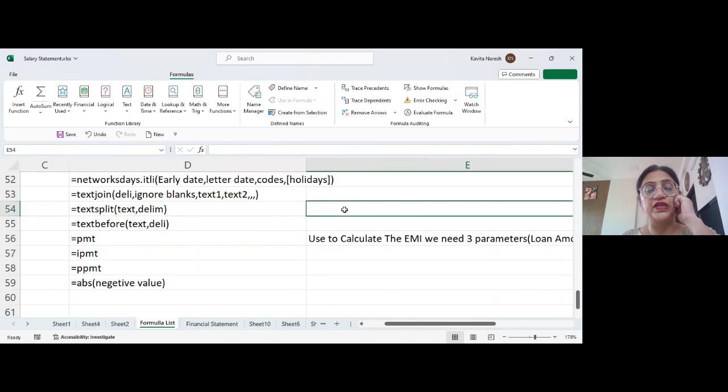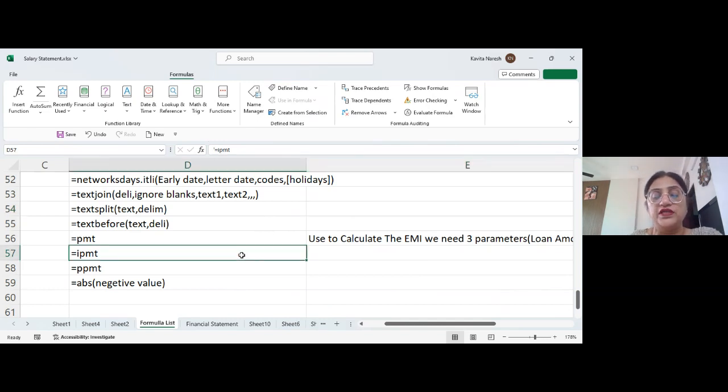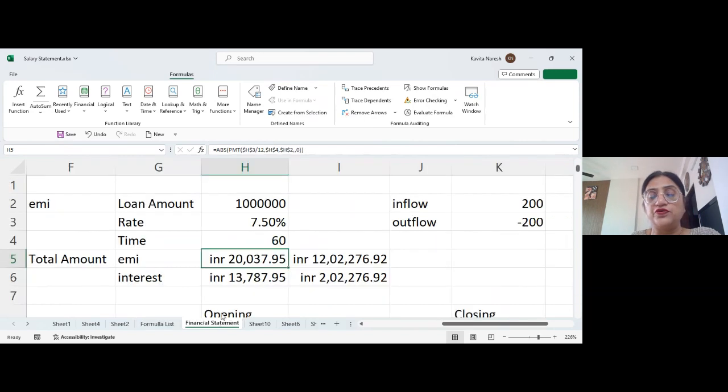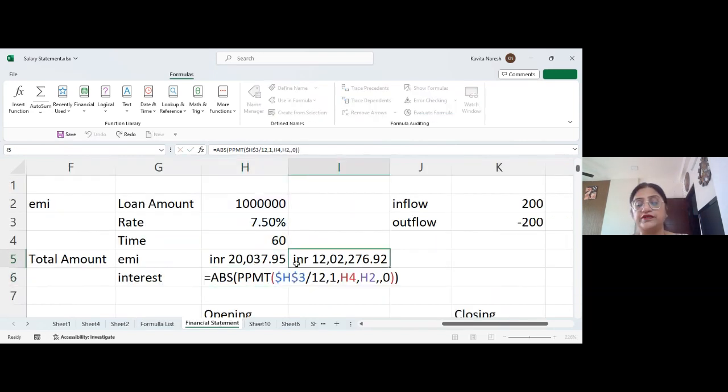Everybody knows EMI is a combination of interest plus principal. So to extract the interest, to separate the interest from EMI, we need to use the IPMT. Now, again, I'm going to tell you how I executed that formula, IPMT.